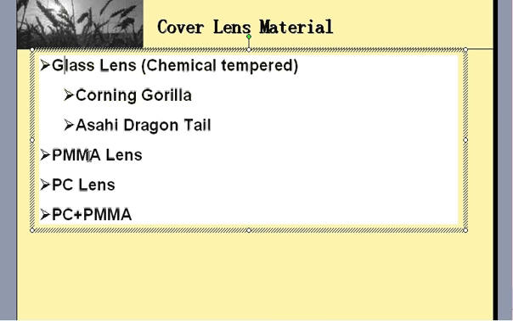We can also use a PMMA lens and a PC lens, or PC plus PMMA lens. These are plastic, and the good thing is they cannot be broken, but the downside is they are flexible, not reliable and easy to get brittle, especially in a harsh environment, not as stable as a glass lens.